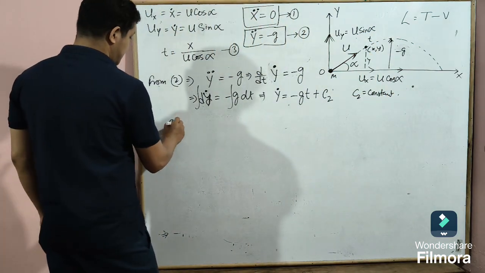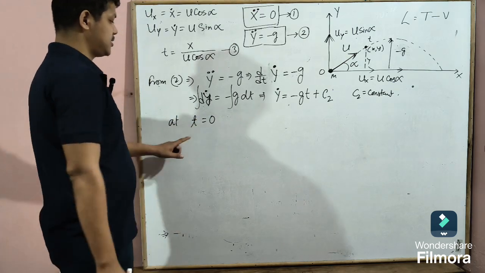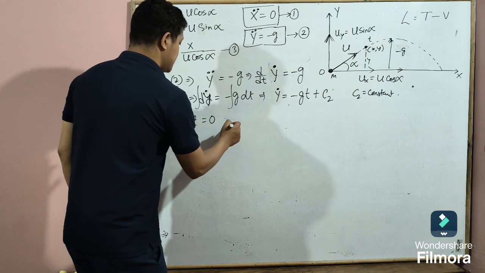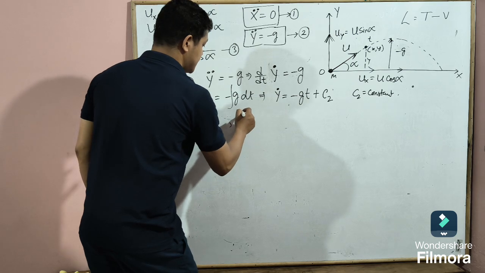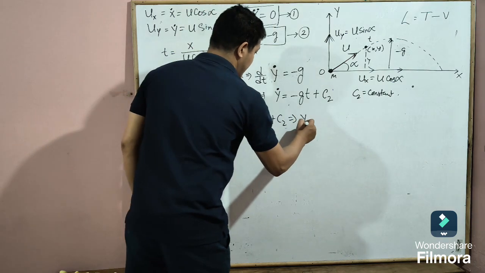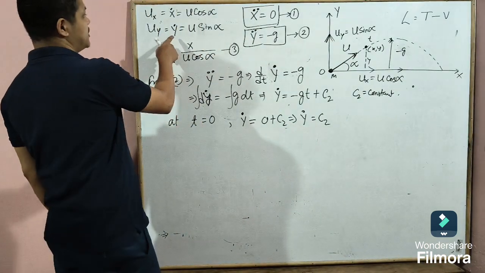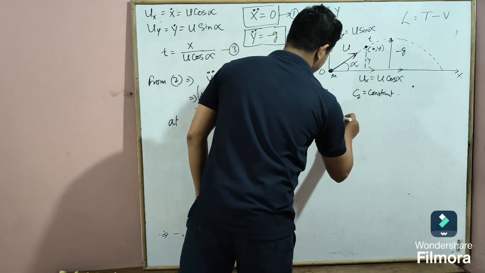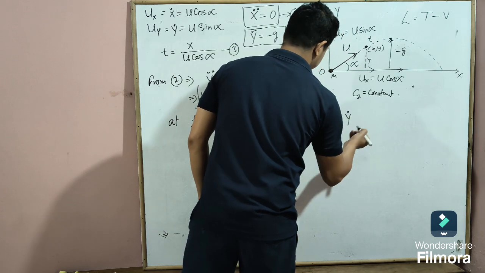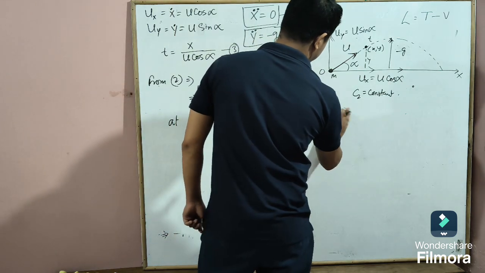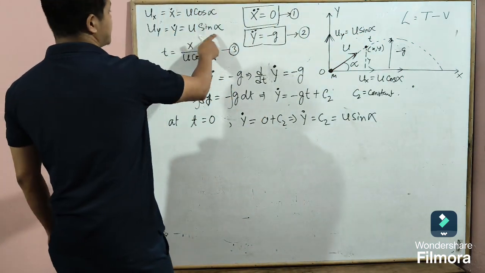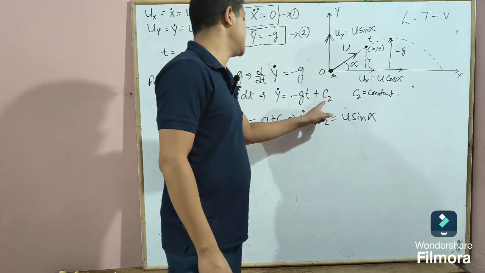And now at time t equal to 0, if you put t equal to 0 here, this implies y dot is equal to c2, and y dot we know is u sine alpha, which means c2 is equal to u sine alpha, right? So now let's put this value of c2 here.